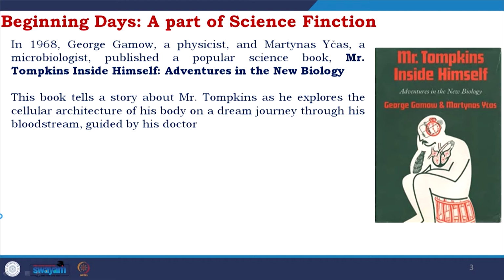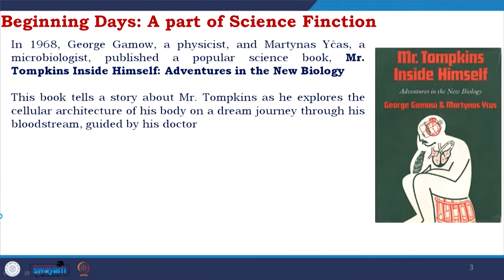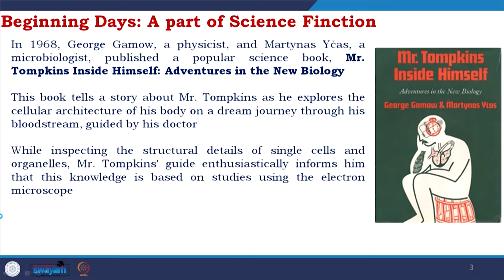This book tells a story about Mr. Tompkins, as this guy explores the cellular architecture of his body on a dream journey through his bloodstream, guided by his doctor. It is a very amazing story to learn about our body and system, how it works.